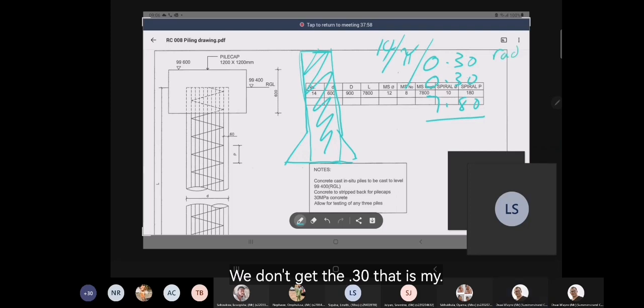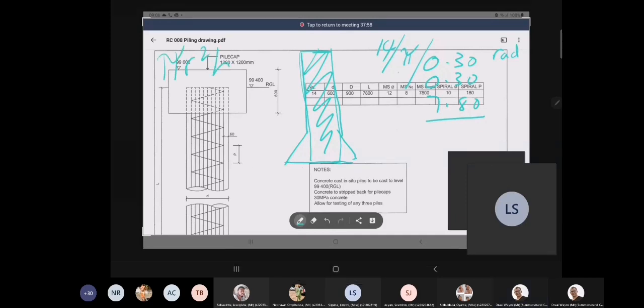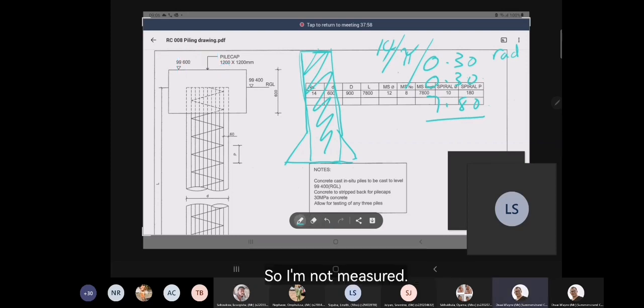That is my radius. My formula is pi r squared h. So I have my radius, my height, and pi, and the number that I am needing. So I've now measured all of that. That is colored in over there. That is all of that there.